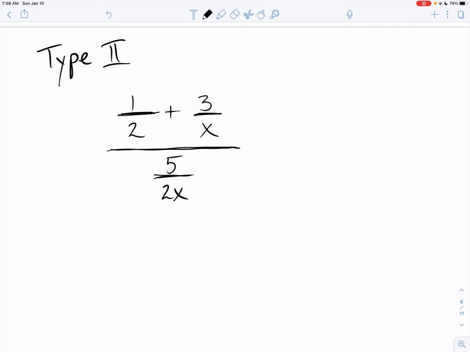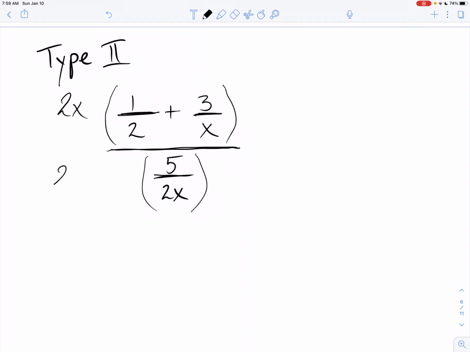So, what do we do about this? Well, here's the thing that I know about fractions. I know that if I multiply the top part of a fraction and the bottom part of a fraction by the exact same thing, I'm technically not changing it. Here's what I'm going to do. I'm going to take the whole top part and the whole bottom part, and I'm going to multiply the top part by 2x.